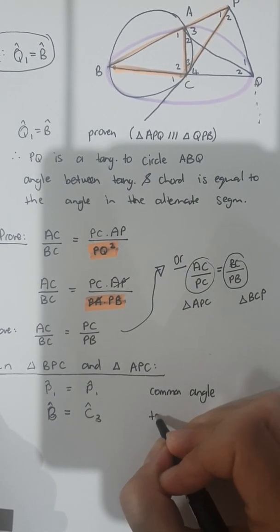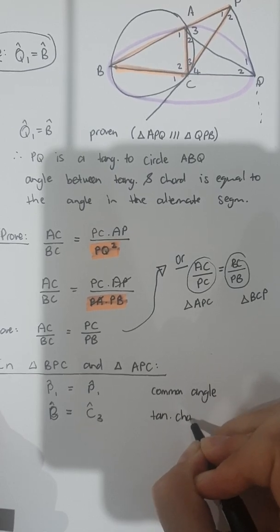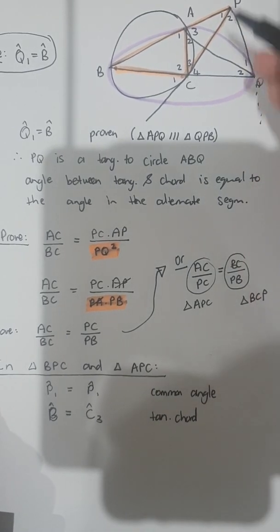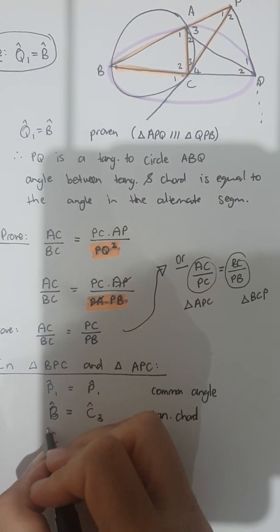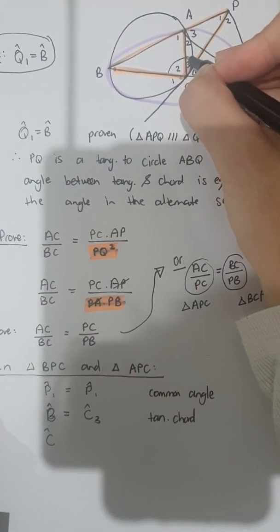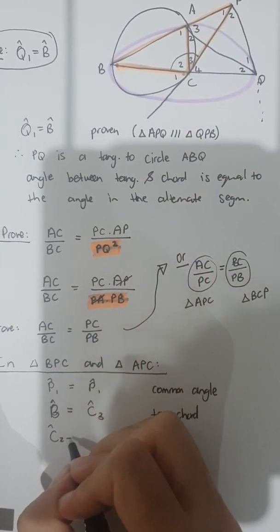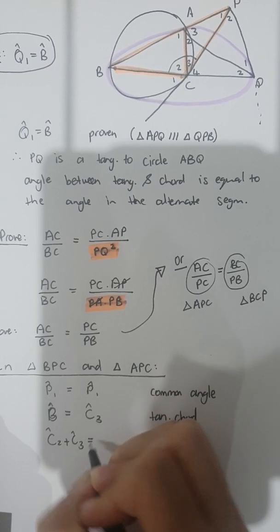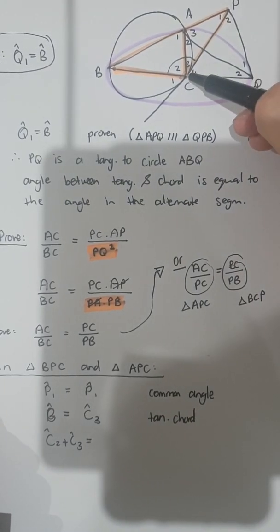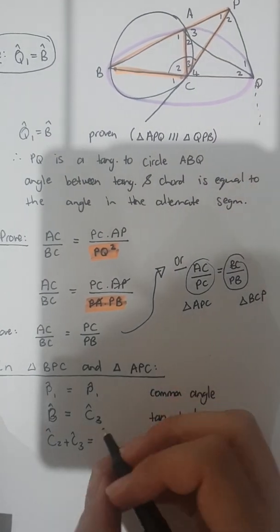How do I know that? Tangent chord, but I've actually also proven that already. And then what I have left is this angle here. C2 plus C3 is equal to BC, and that's A2 plus A3.